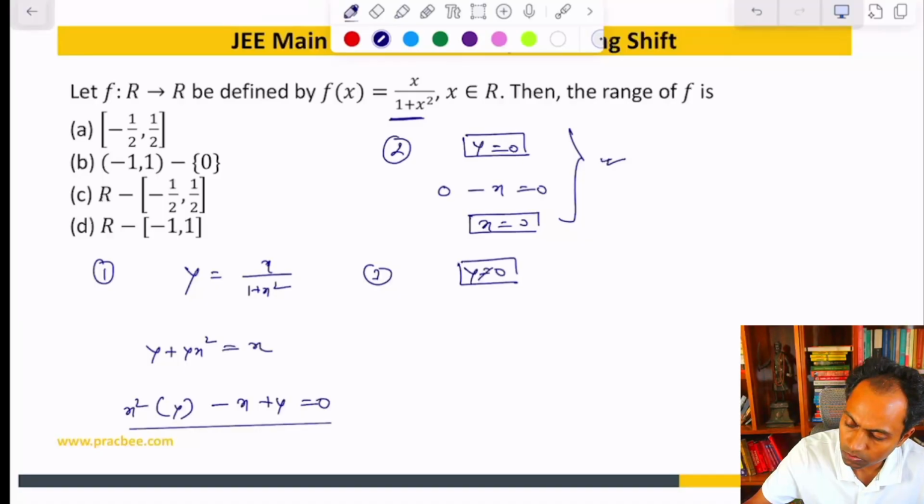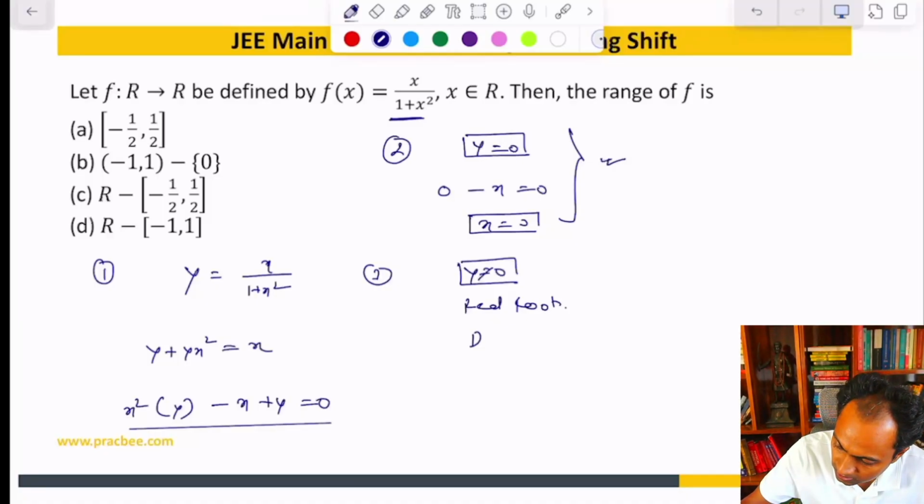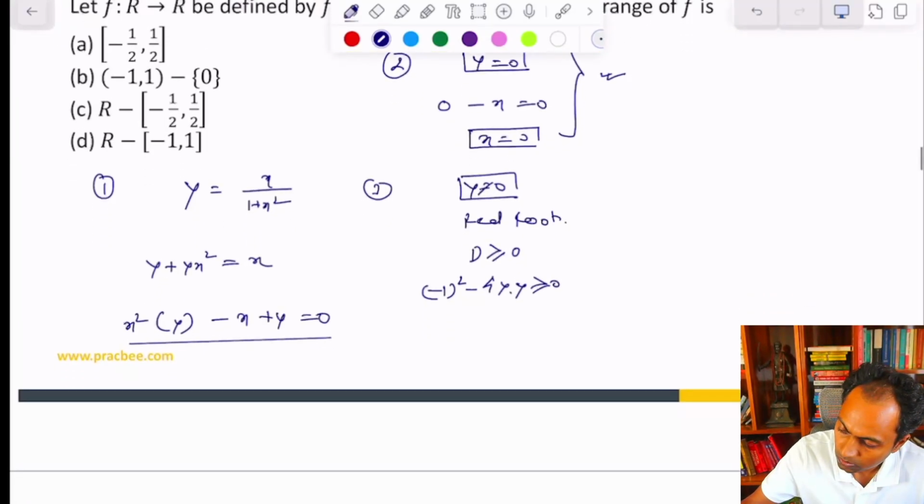So in the third part, we will do when y is not equal to 0. When y is not equal to 0, this becomes a quadratic. And for a quadratic to have real roots, the condition is that the discriminant needs to be greater than or equal to 0. So the discriminant in this case, b square minus 4ac, should be greater than or equal to 0. So what I have is 1 minus 4y square greater than or equal to 0, or y square minus 1 by 4 is smaller than or equal to 0.